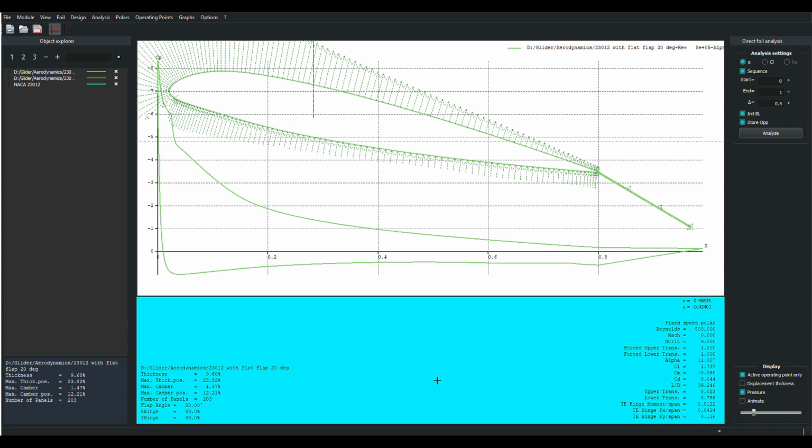Where that burble occurs, the program doesn't actually complete the calculations, and it goes from having a solution at 2-degree angle of attack to a solution at 11-degree angle of attack. So I'm presenting the 11-degree angle of attack here because, at least it's a positive angle of attack, and I don't know which is worse compared to the 6, but we'll look at this one because it shows the phenomenon which I want to point out to you.